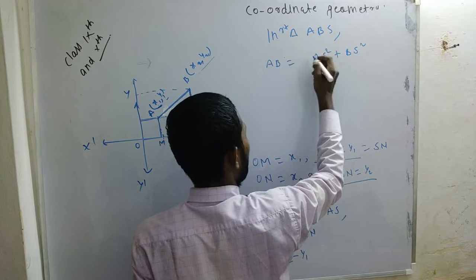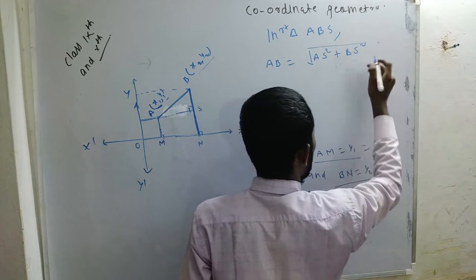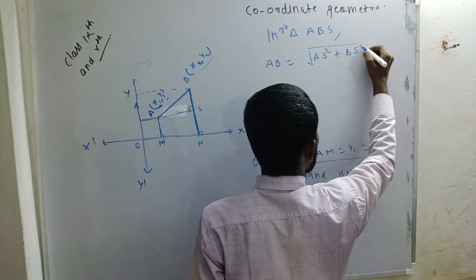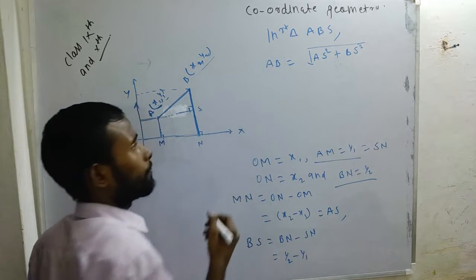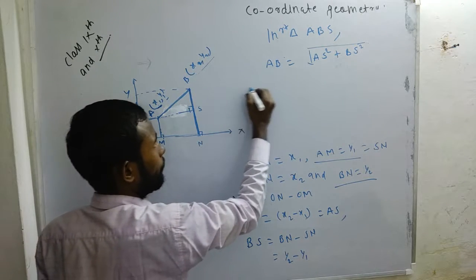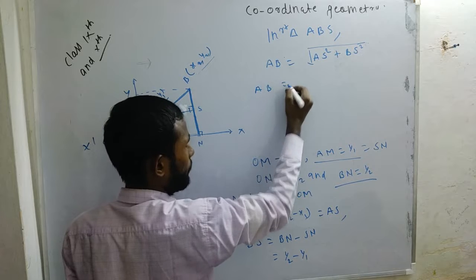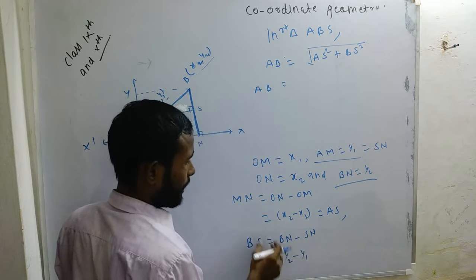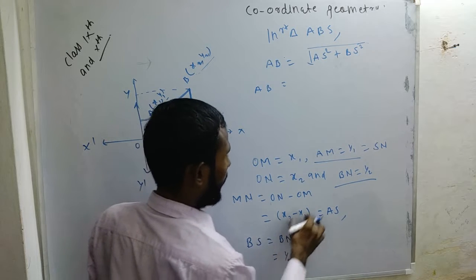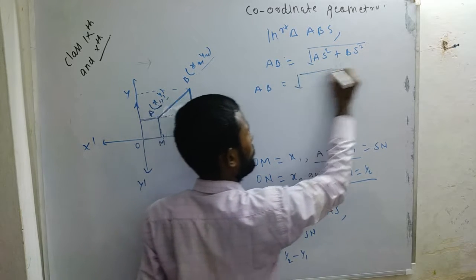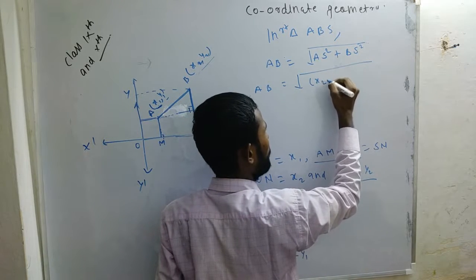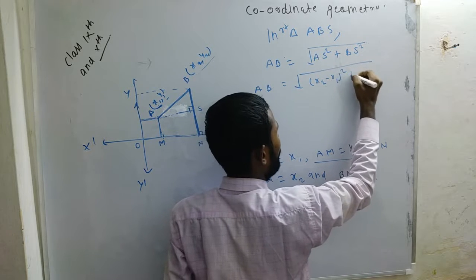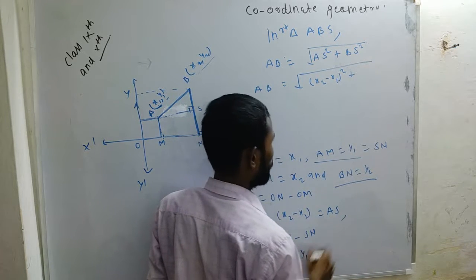Now AB can be written as AS, that means x2 minus x1, whole square, plus BS, y2 minus y1, whole square.